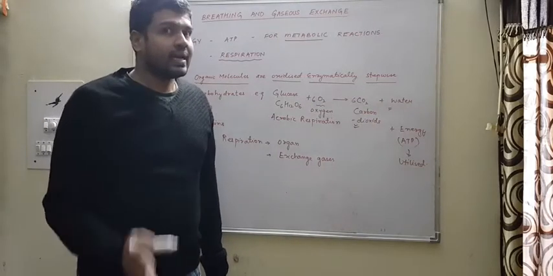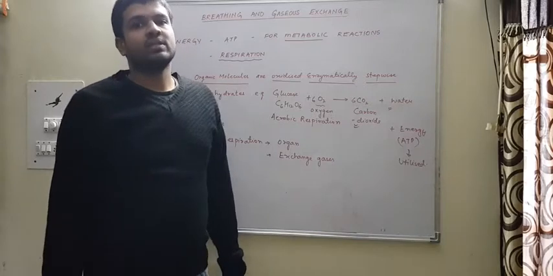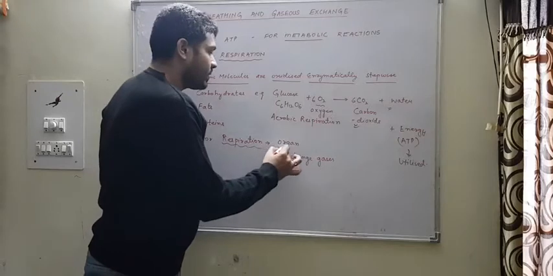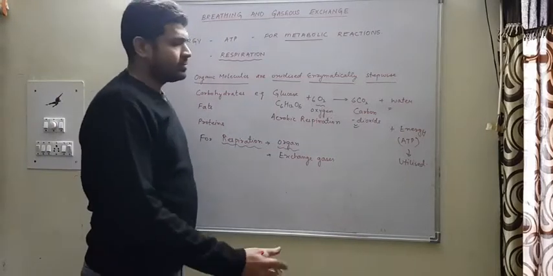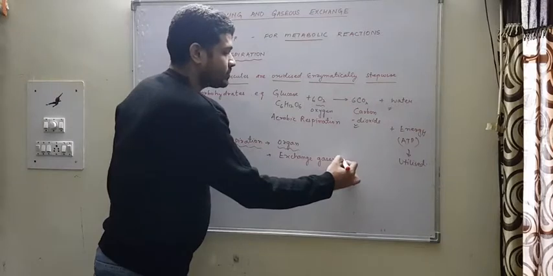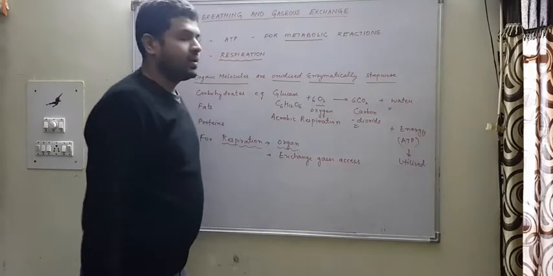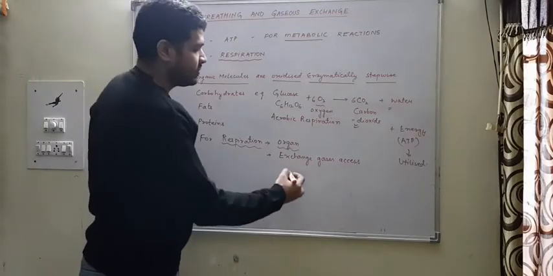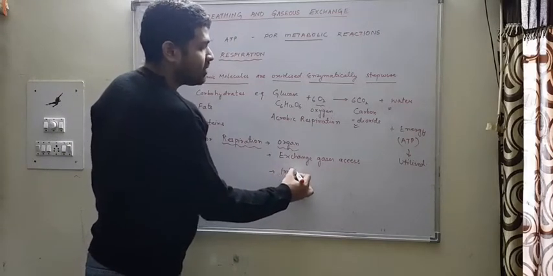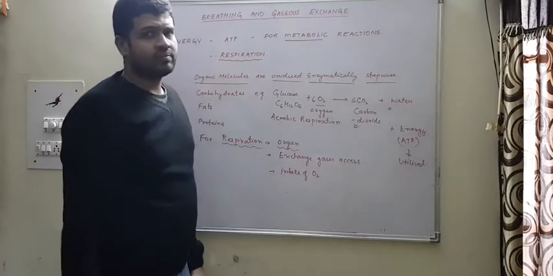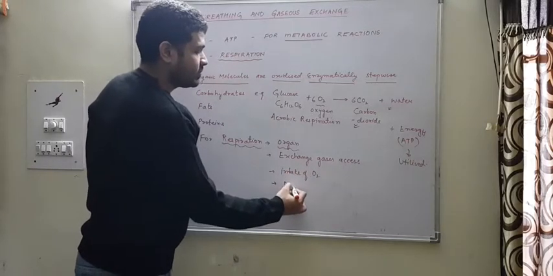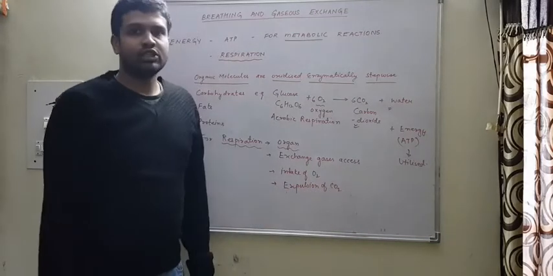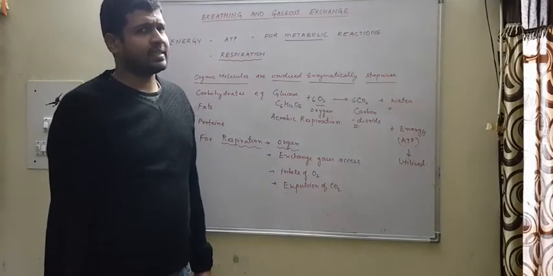So to carry out that efficient oxidation of food, you require an organ for the gases, for the easy intake of oxygen and expulsion of the waste carbon dioxide.